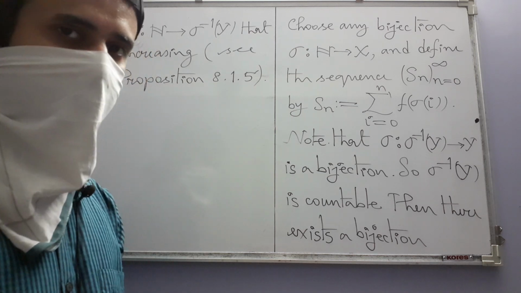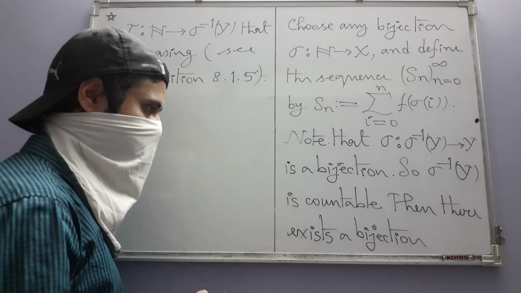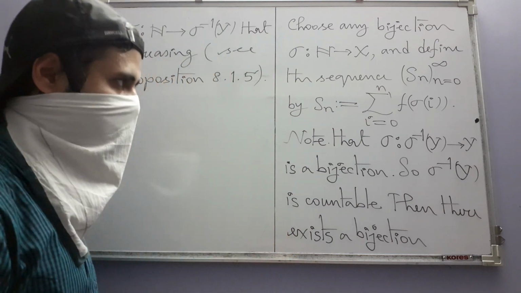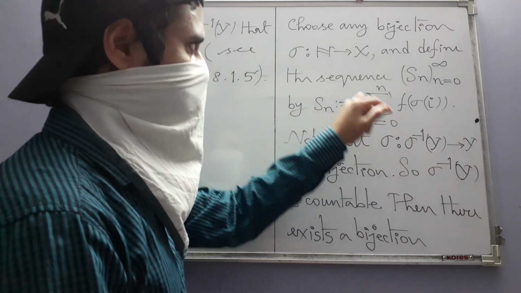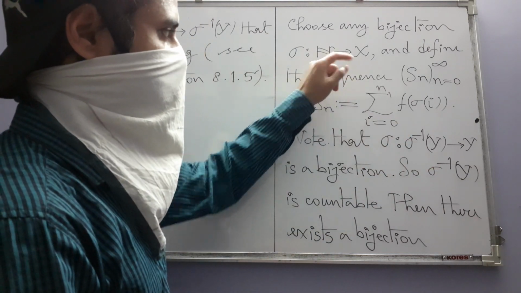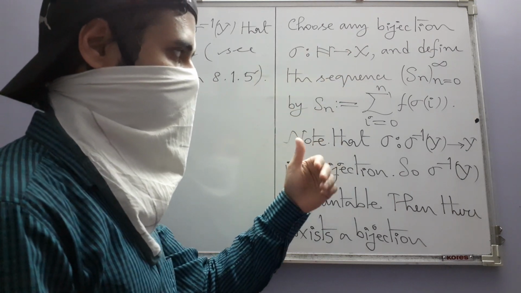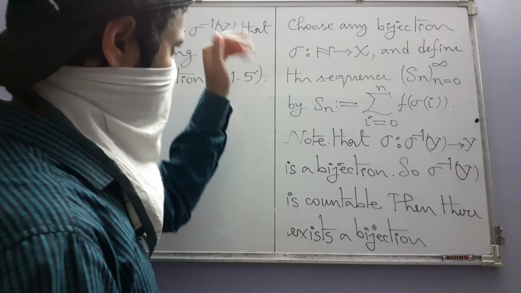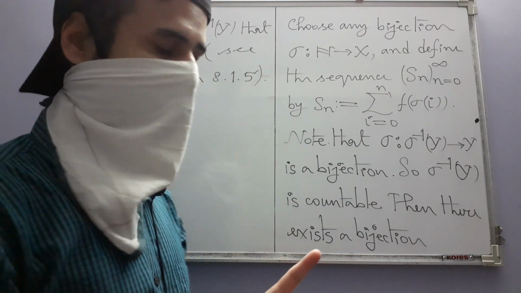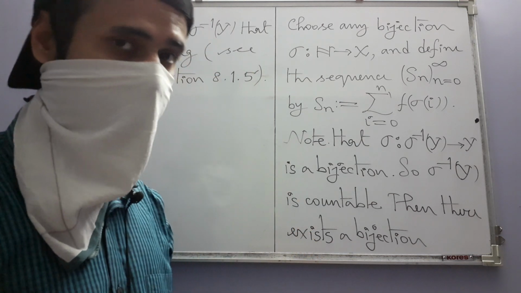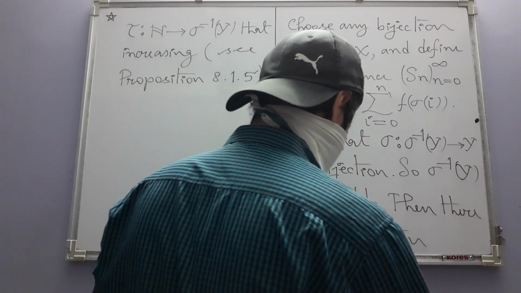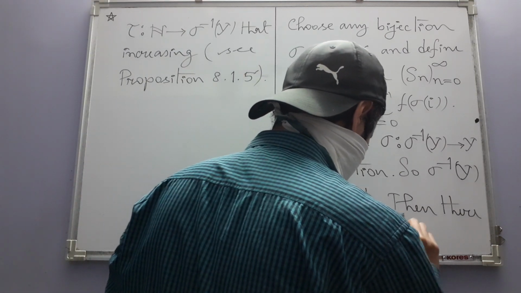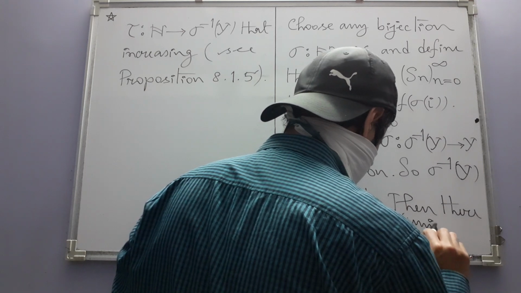You remember that result where we proved that when you have an infinite subset of the set of natural numbers, then you can find an increasing bijection from the set of natural numbers to that set. And in fact, that increasing bijection is unique. Although we do not need the uniqueness here, but still, let's mention that.